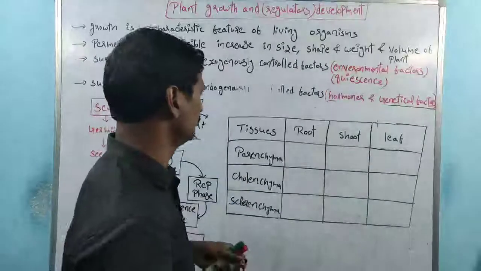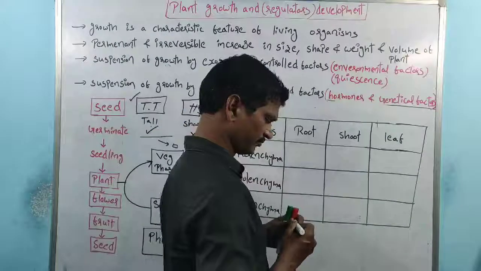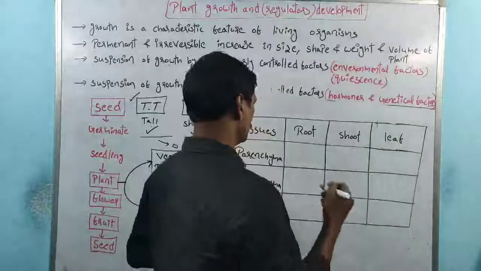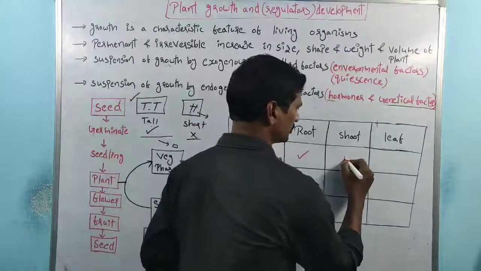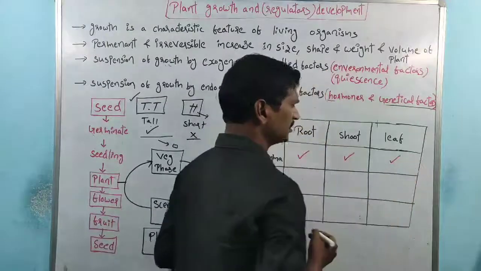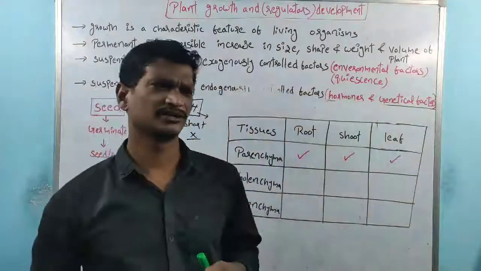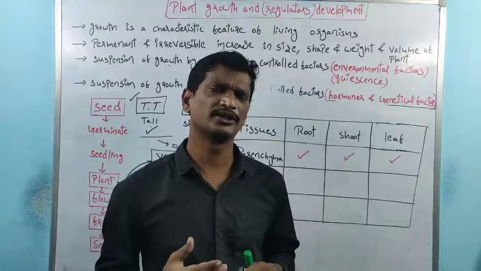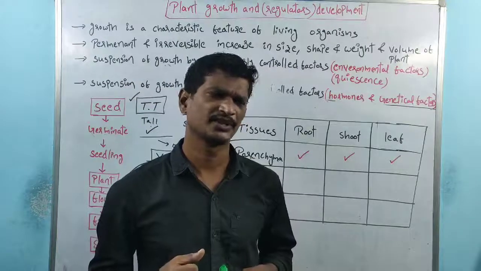Parenchyma is present in roots, in shoots, and also in leaves. Parenchyma is the most abundant tissue within plants.